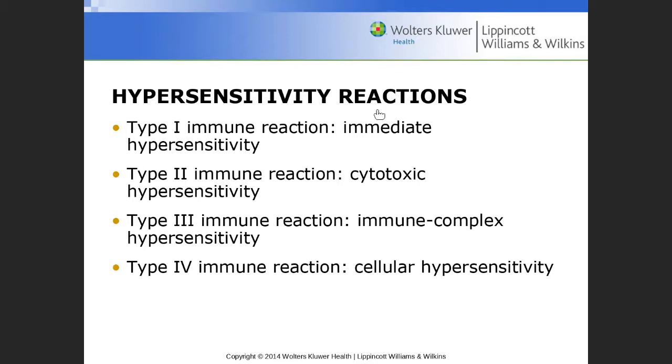The fastest is this one, the immediate one. Usually this is involved in allergy, like peanut allergy or shellfish allergy or venom allergy, that could immediately lead to shock, for example, hypovolemic shock, low volume shock.